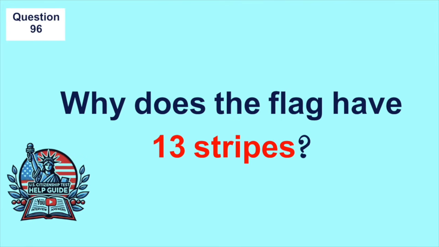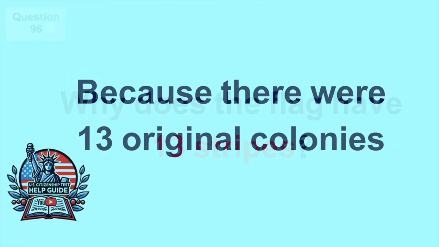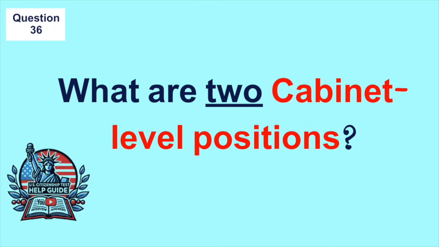Why does the flag have 13 stripes? Because there were 13 original colonies. What are two cabinet-level positions?